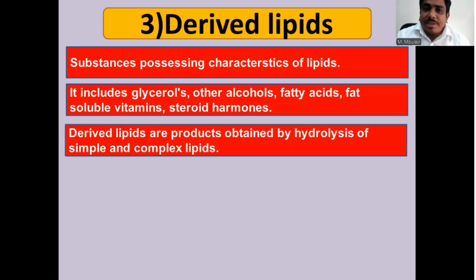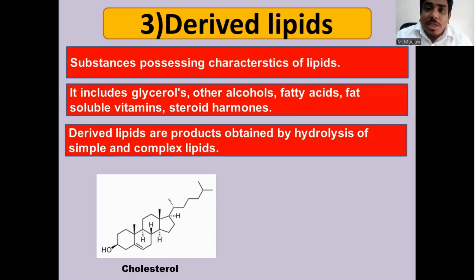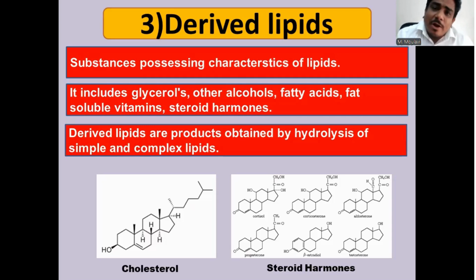The products obtained by the hydrolysis of the simple and the complex lipids are known as the derived lipids. Examples are cholesterol and steroid hormones. These are the non-saponifiable lipids.